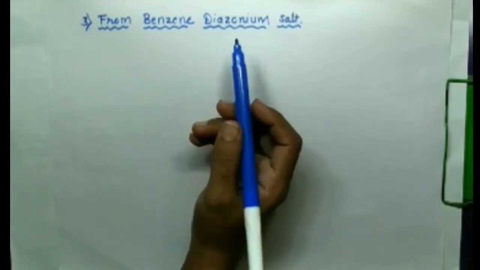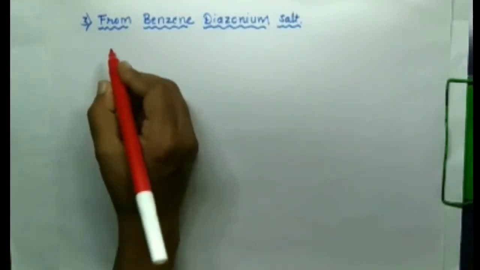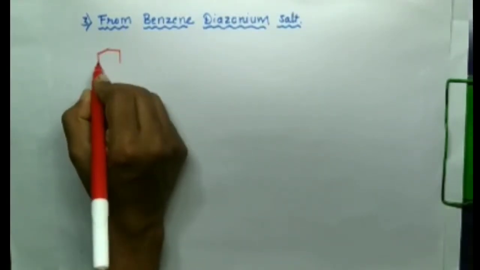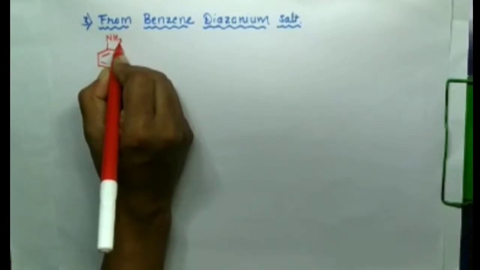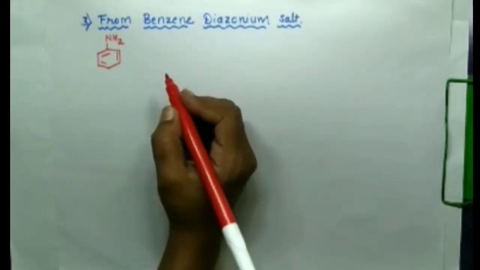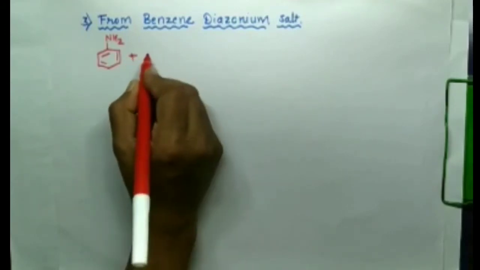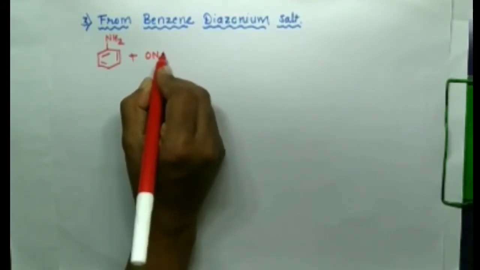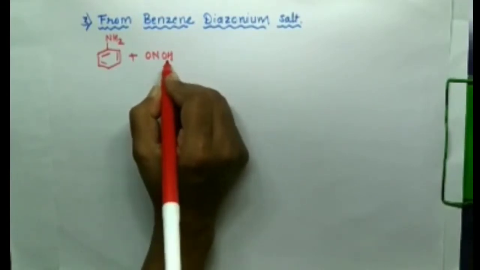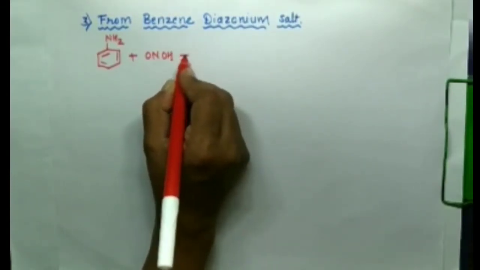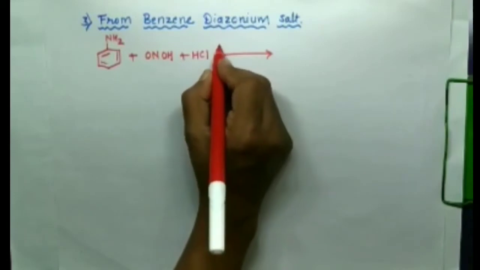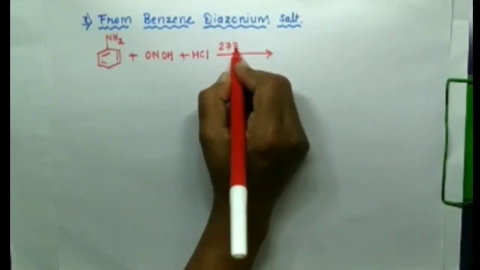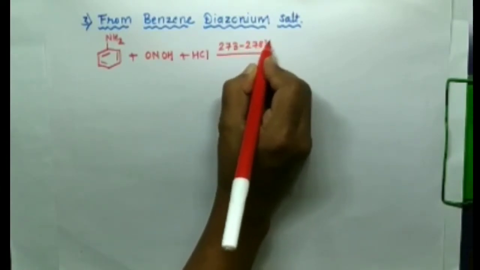salt from aniline. So here aniline is treated with nitrous acid, this is nothing but HNO2, plus acid HCl, at a temperature of 273 to 278 Kelvin.